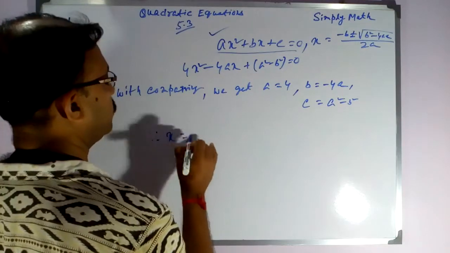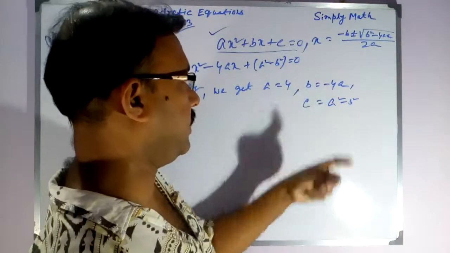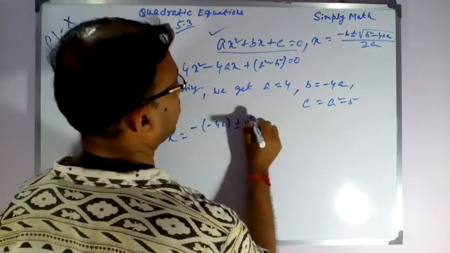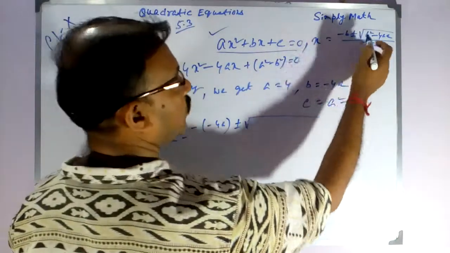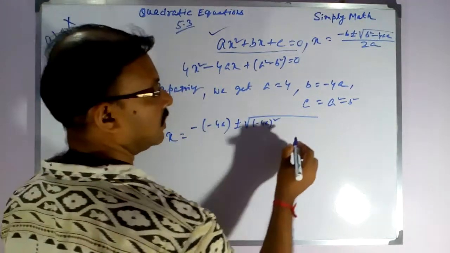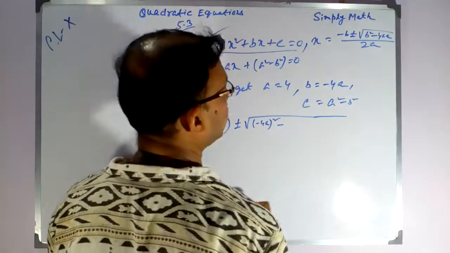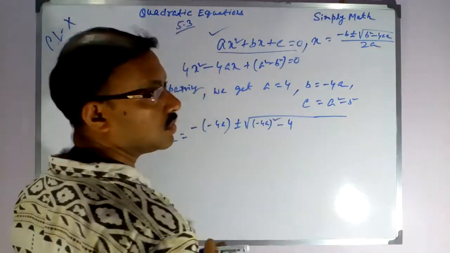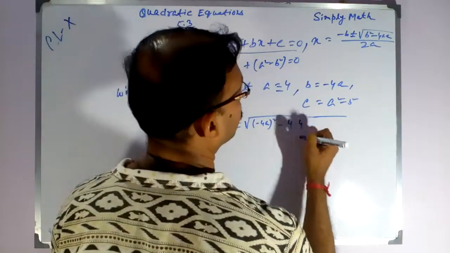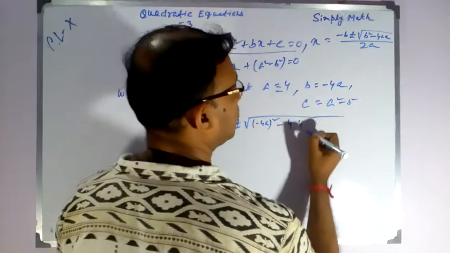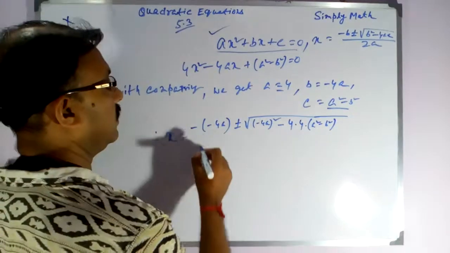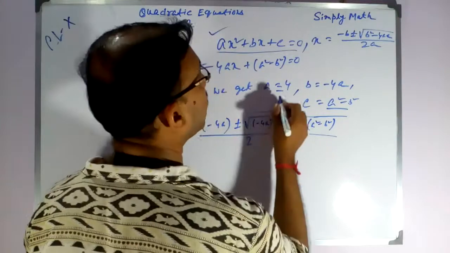Therefore x is equal to minus b, which means minus of minus 4a, plus minus root over b square, which means minus 4a whole square, minus 4 into a, which is 4, into c, which is a square minus b square, by 2a.